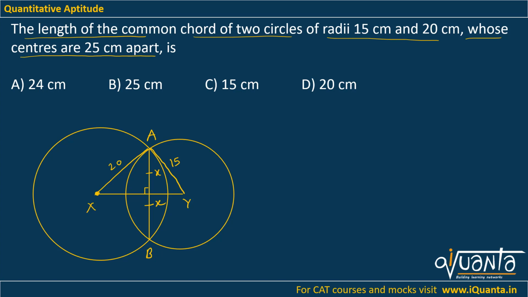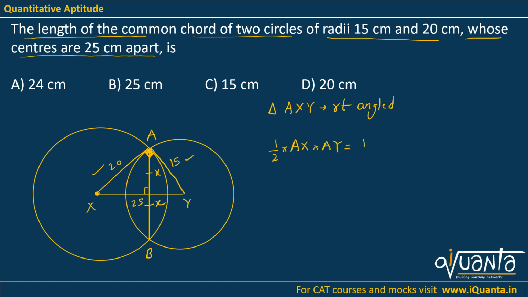So if I look at triangle AXY, it is a right angled triangle, right angled at A. Why? Because 20, 15 and 25 make a Pythagorean triplet. So how can I use it to find the value of x? I know that the area of triangle AXY can be written as half into AX into AY.